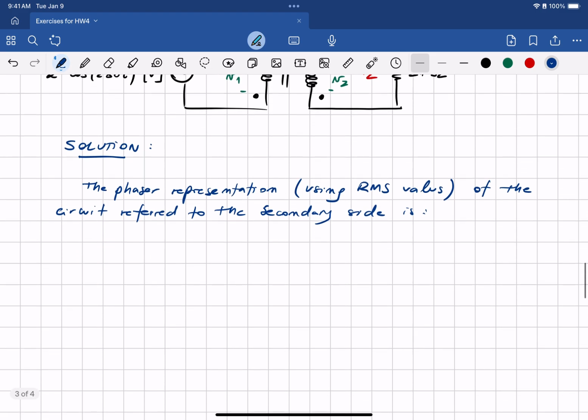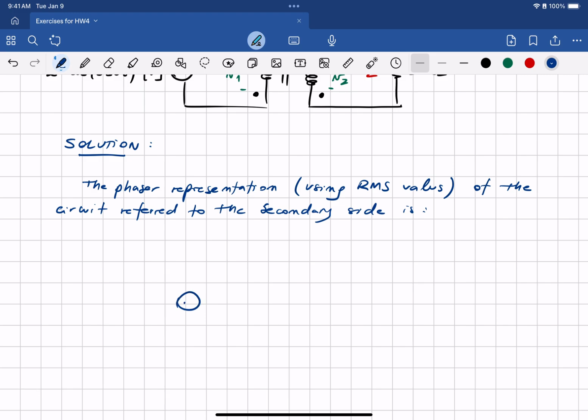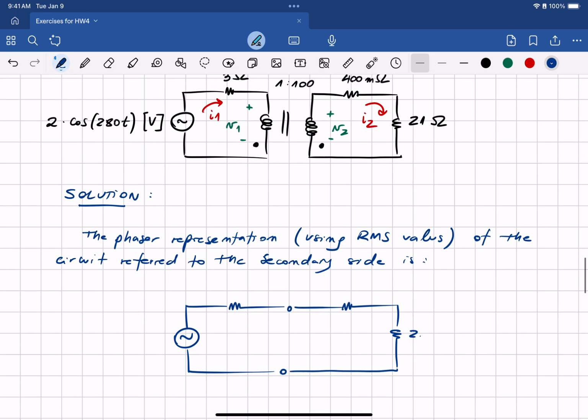It's basically this system. We're not touching anything on the secondary, so the impedances are the same, 21 ohms and 0.4 ohms. But we need to adjust the impedance and the source of the primary side.